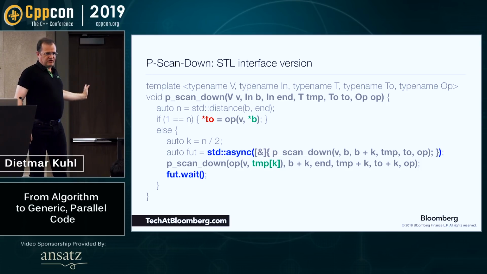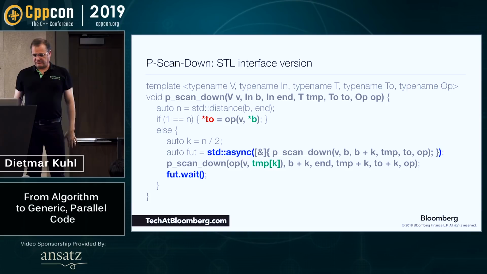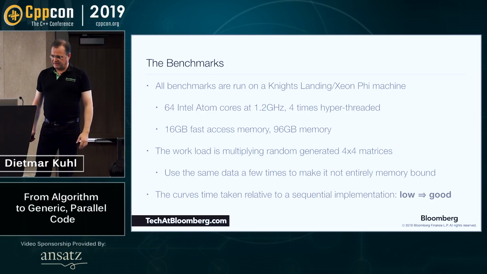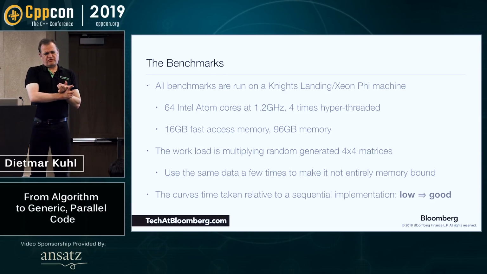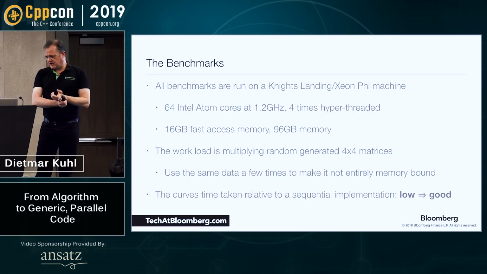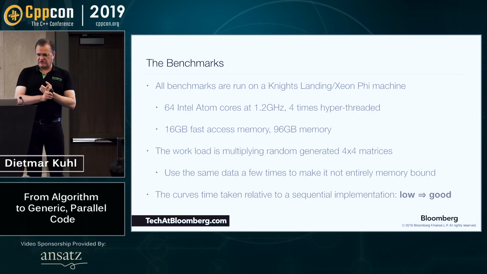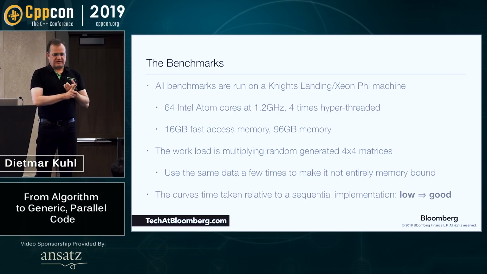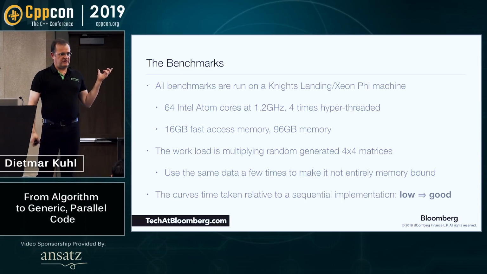If anybody has experience taking a textbook and translating an algorithm and trying to run it, you would not expect it to run particularly fast. So let's see how badly that runs. First off, it's important to mention what kind of machine I'm executing on. It's a machine that has quite a number of cores, 64 cores. It's a Knights Landing machine.